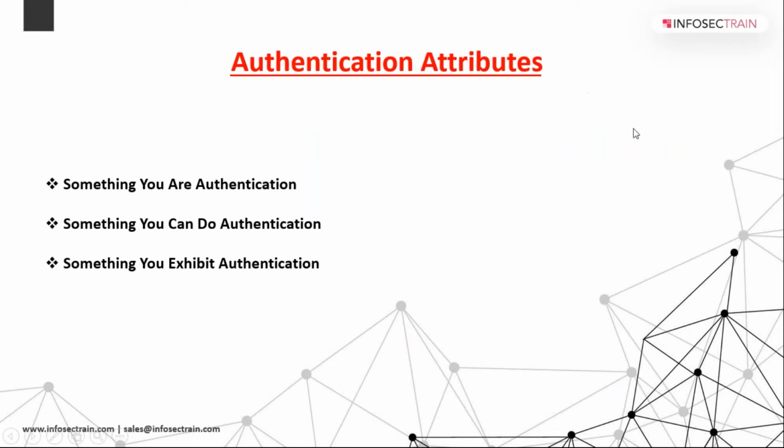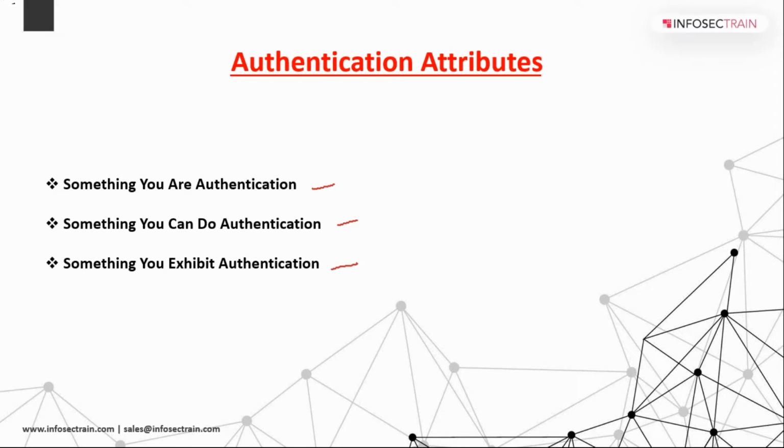Next we have the attributes of authentication. So what are the attributes? Something you are authentication, something you can do authentication, something you exhibit authentication. So what are these factors and why do we use them?